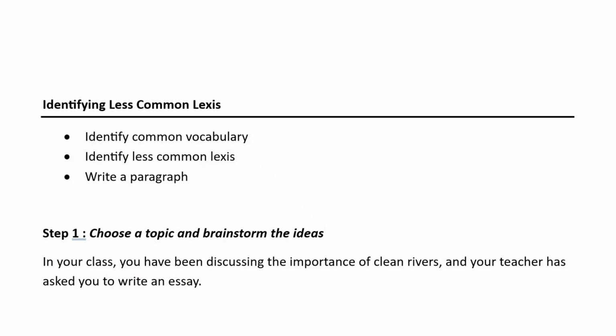Where are they at before we can support them to reach the next level? They need to be aware of the vocabulary that they already have, and from there it will give us some ideas of the kind of vocabulary that they need for that specific topic, right?